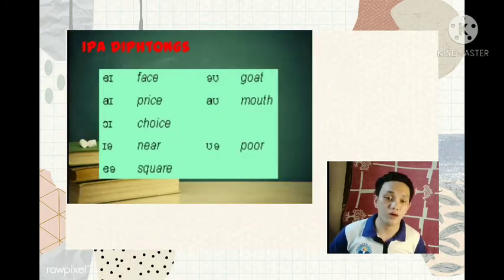For the IPA diphthongs, or the diphthongo in Tagalog, for example, the words are face, price, choice, near, square, goat, mouth, and poor.